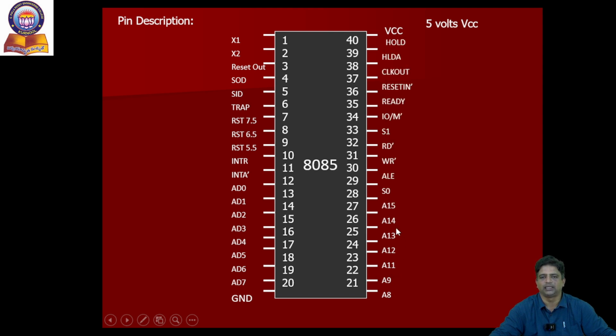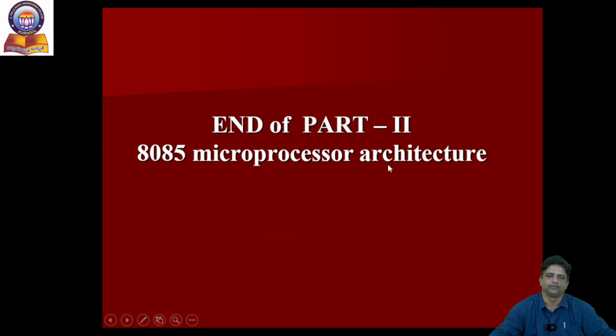The remaining address lines and remaining pins in operation will be represented in this part. So that was an overview of the pin diagram and architectural details of 8085 microprocessor. We will end the session here, and we will further go on to learn about the programming model of 8085 microprocessor. Thank you.